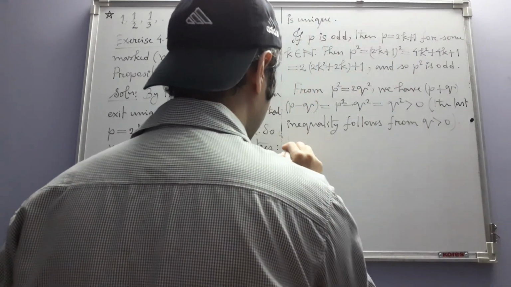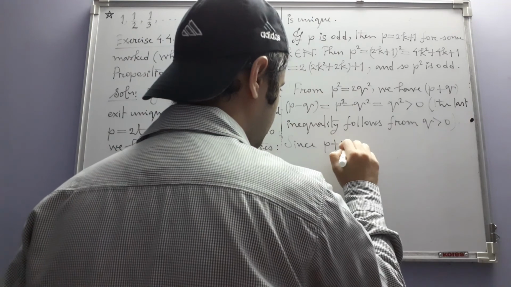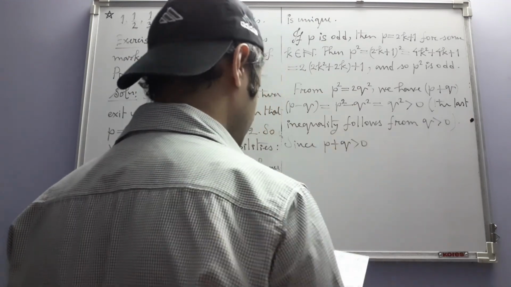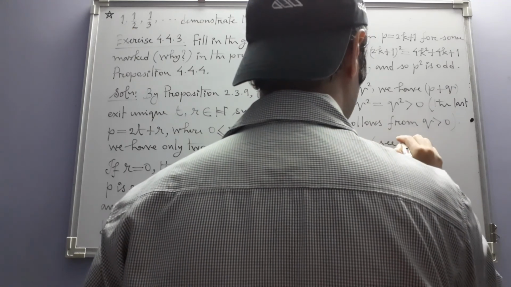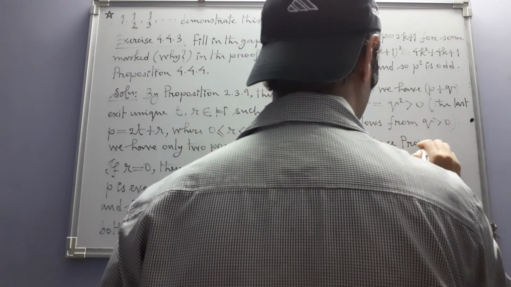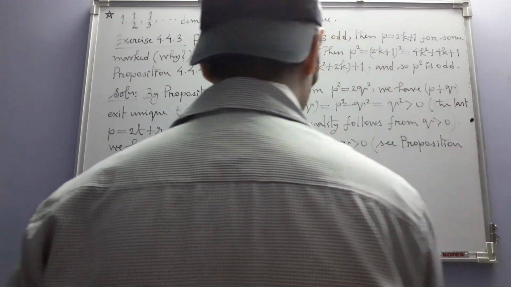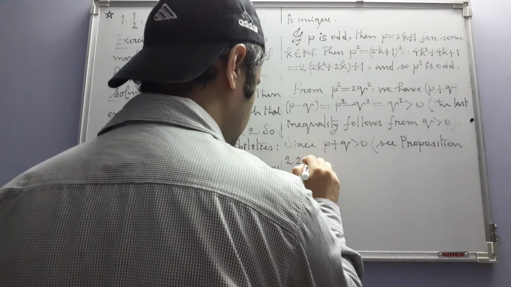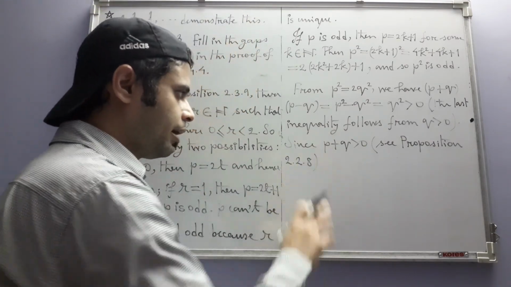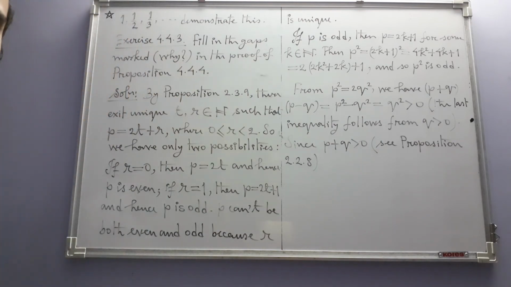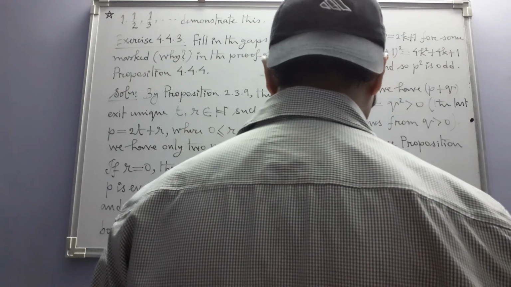Since p plus q is positive, and for that see proposition 2.2.8, the sum of a positive natural number and another natural number is positive. That is the statement of proposition 2.2.8.